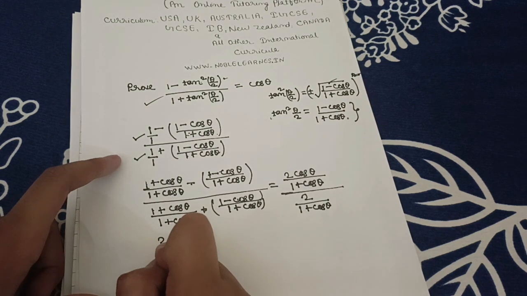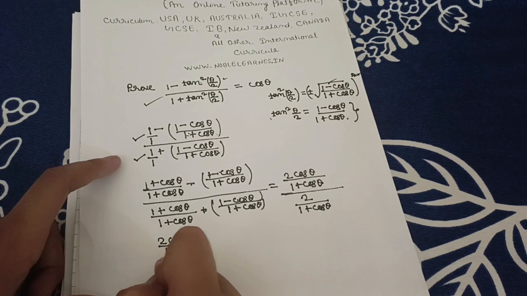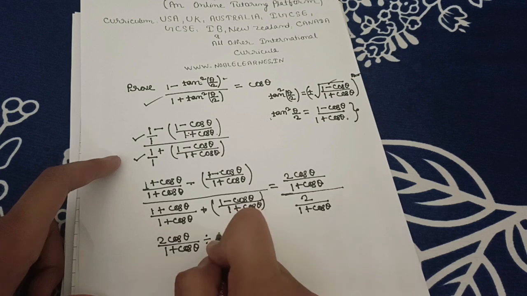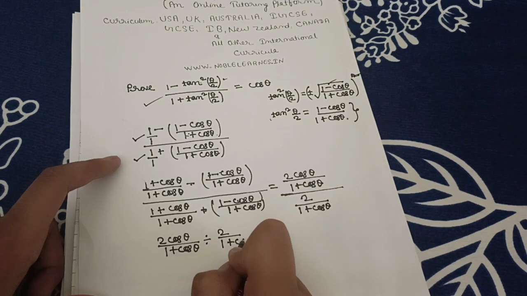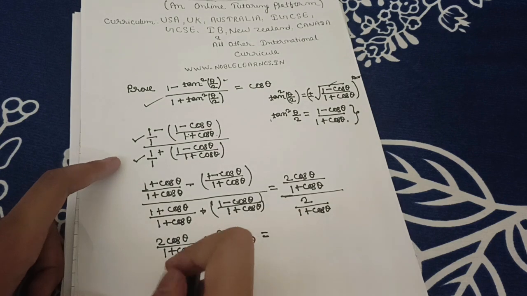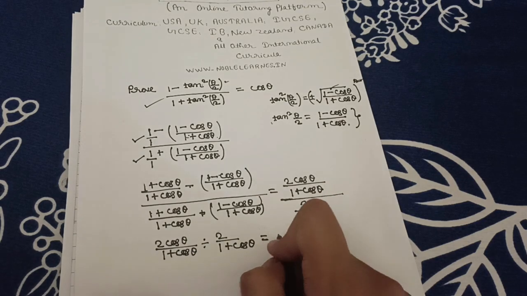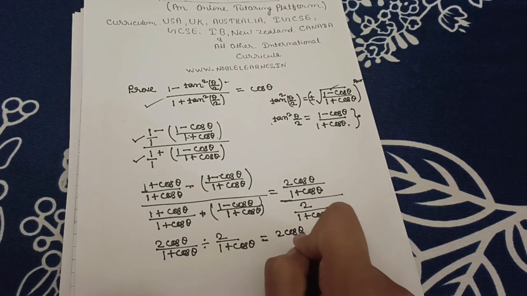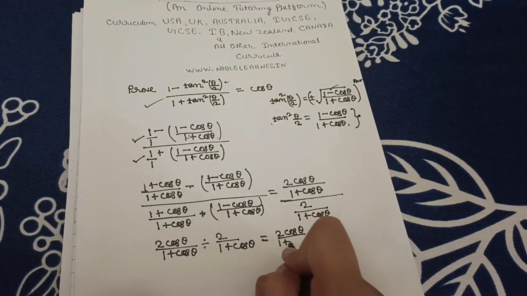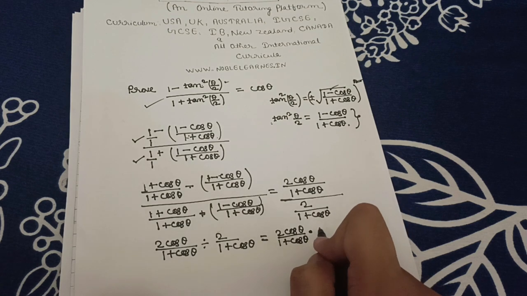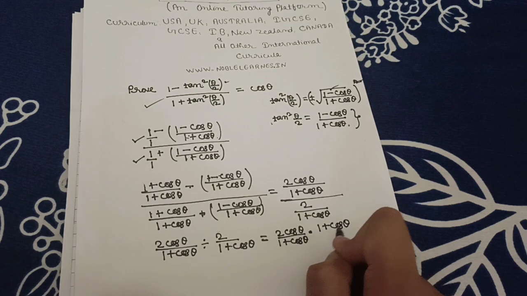I can write 2 cosine theta over 1 plus cosine theta, and then I could write divided by 2 upon 1 plus cosine theta. Now you already know the division sign is going to change into multiplication and it is going to reciprocate. So I'm going to write 2 cosine theta divided by 1 plus cosine theta, and then it will become times, and I'm going to reciprocate, so that is going to become 1 plus cosine theta upon 2 cosine theta.